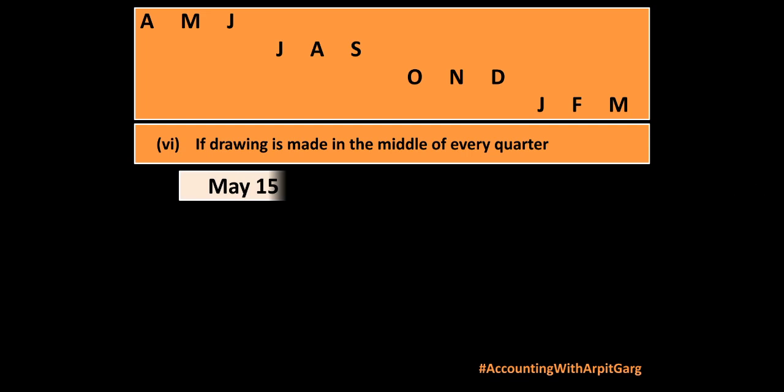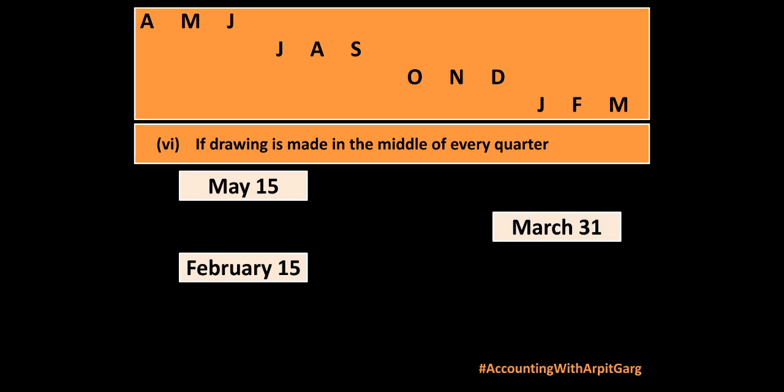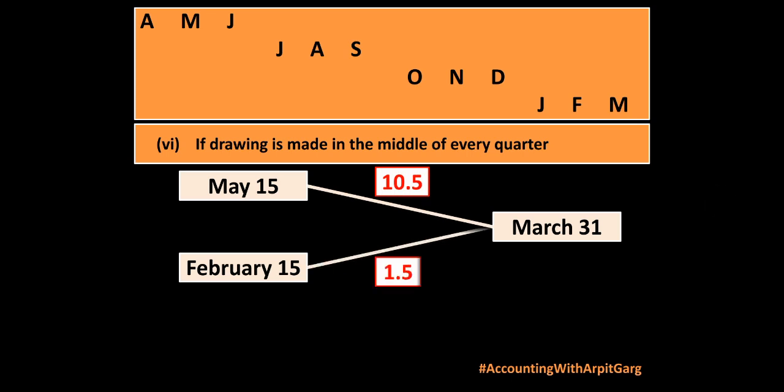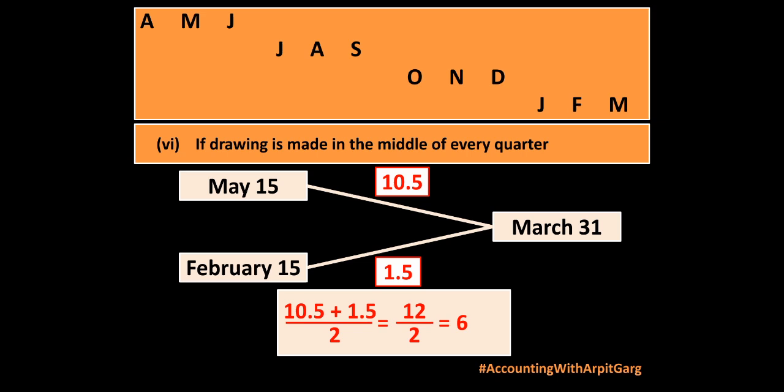So first drawing will be made on May 15, then last drawing on February 15, last date March 31st. Then 10.5 months, 1.5 month. 10.5 plus 1.5 divided by 2, that is 6 months.